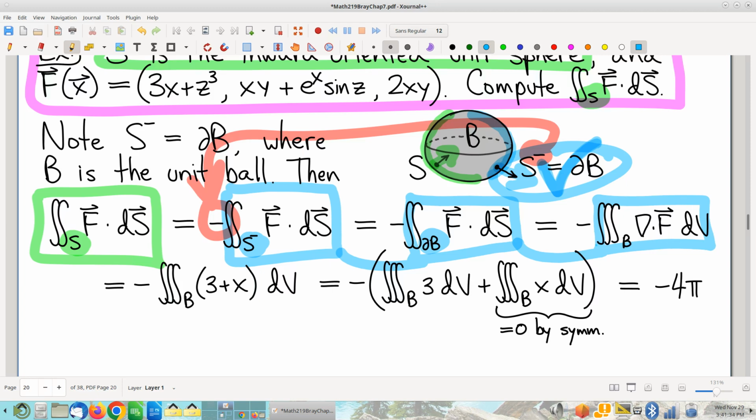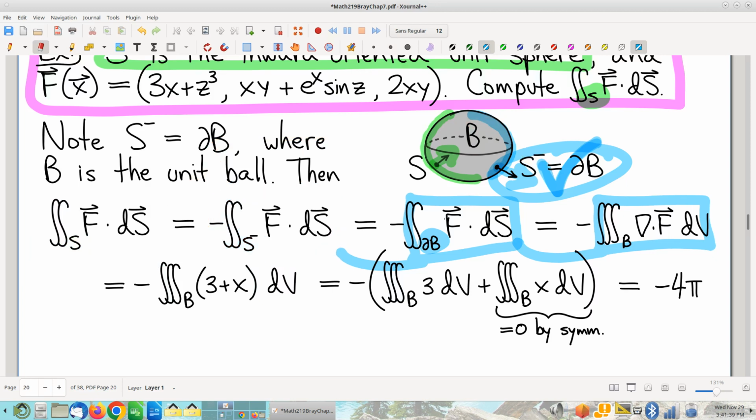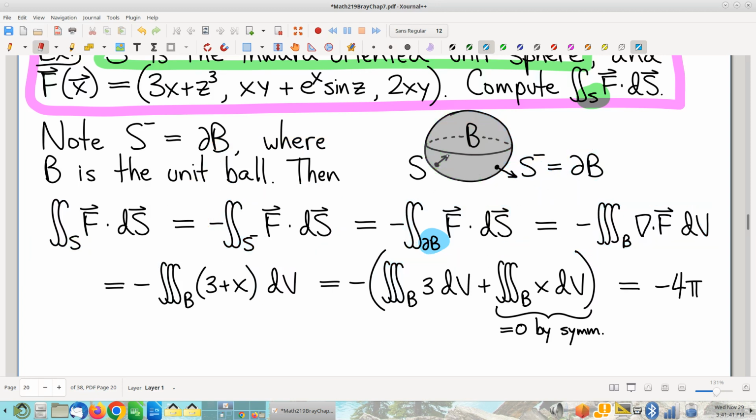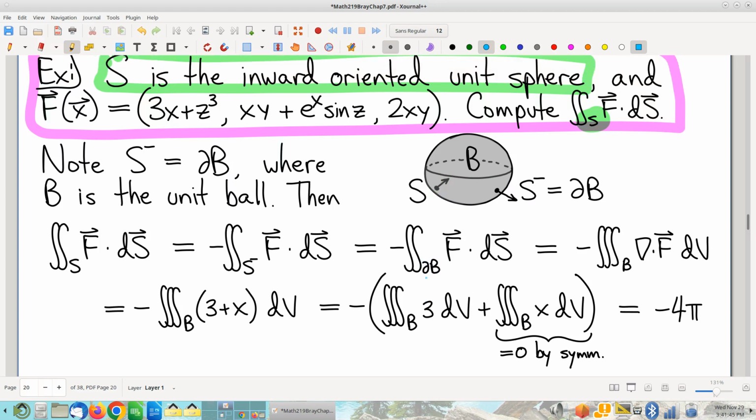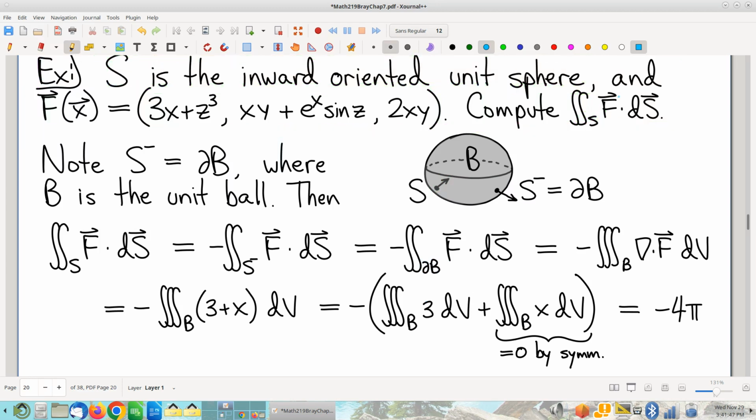All right. Okay, now, there is a little bit of a trick about computing this integral, and I'm going to try to point out what that is. After all, let's see here. I need to compute the divergence. Divergence ends up being 3 plus x. By the way, make sure you're good with computing the divergence.